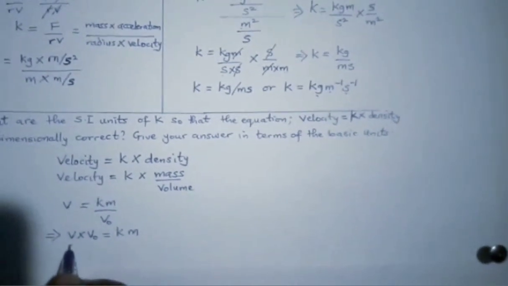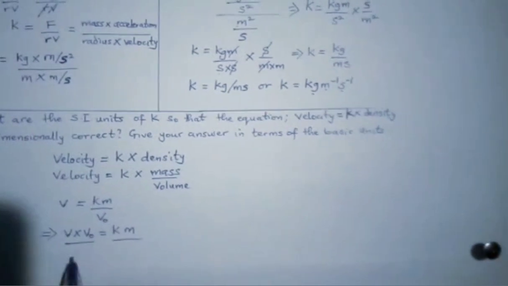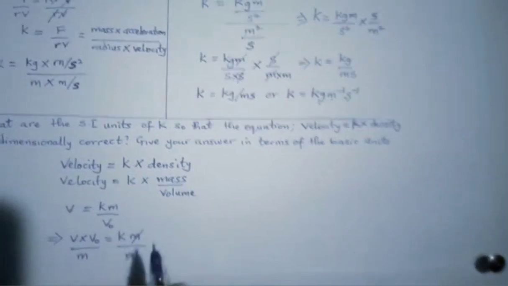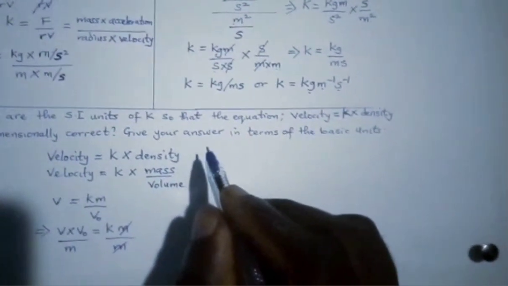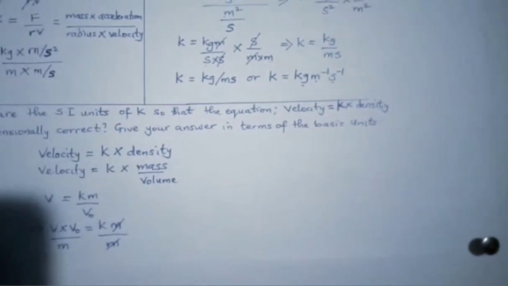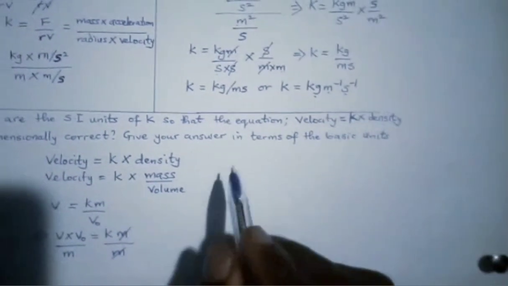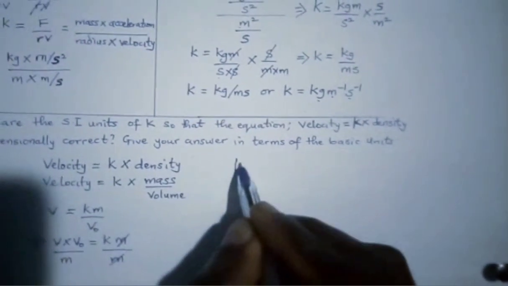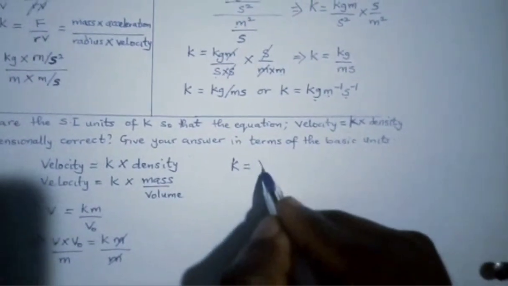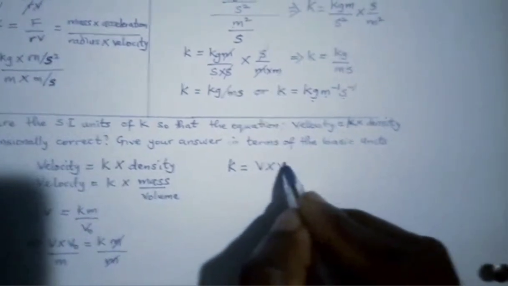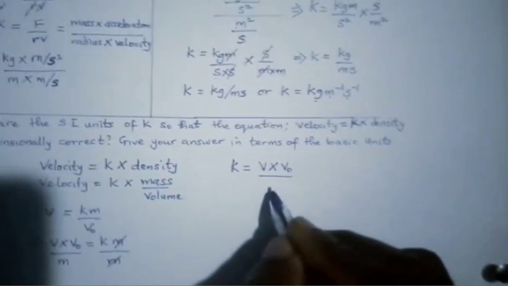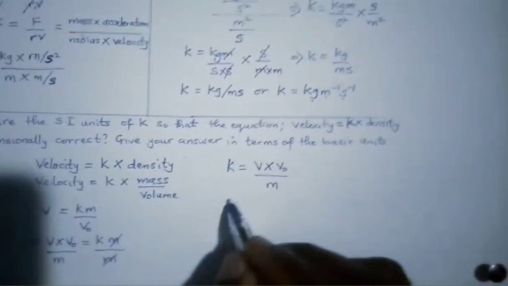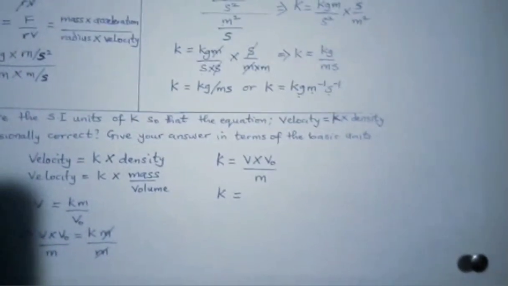Then, just like we did in the first question, divide both sides by M. So M will cancel M, so that you will have K equals to V times V naught over M. So K is equals to, what is our V?